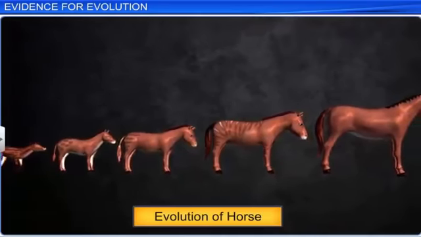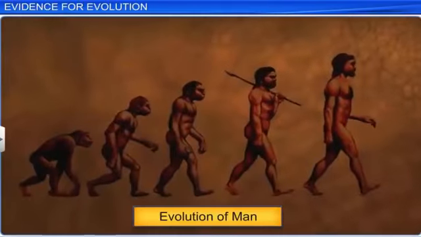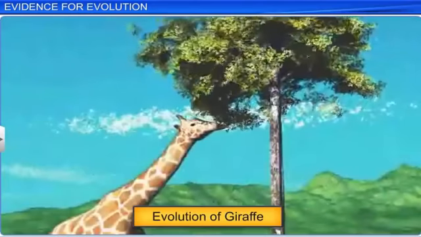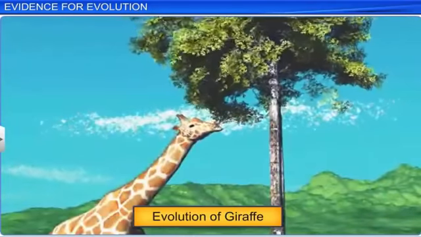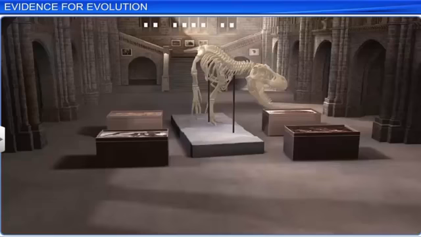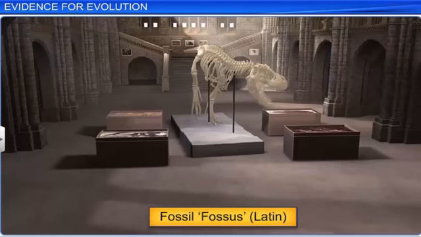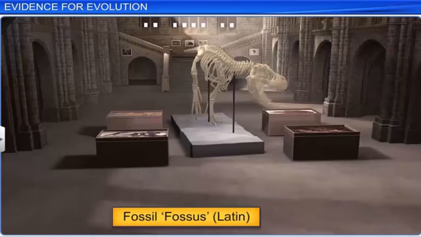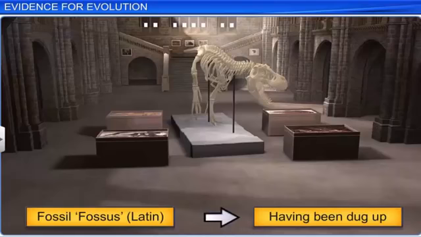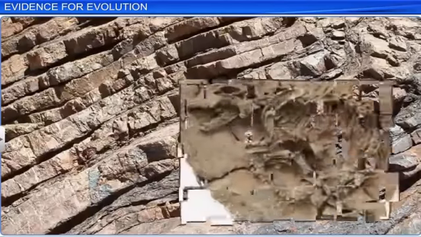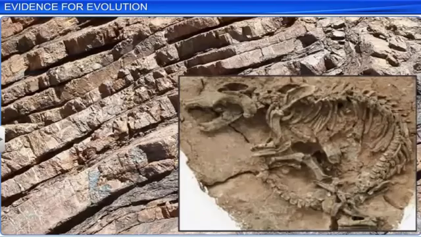The theory of evolution suggests that there is a change in the inherited traits of a population of organisms through generations. This theory gathers more evidence with the study of fossils of prehistoric organisms. The word fossil is derived from the Latin word fossus, which literally means having been dug up. Fossils are the preserved remains of animals, plants, and other organisms found in the sedimentary layers of rocks.